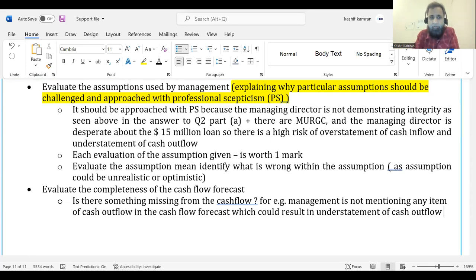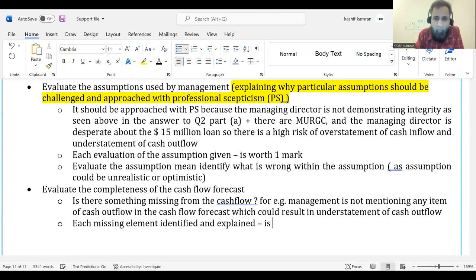Are you clear? So each missing element identified and explained is worth 1 mark. So how many marks do you have in total? You have a total of 6 marks, which is not much.